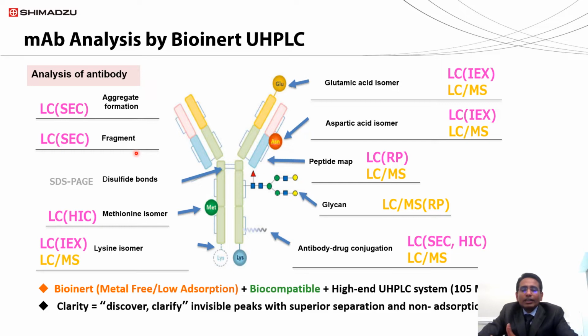We can also do antibody drug conjugate analysis. The reason we can do this variety of analysis without metal interactions is that it has a metal-free, low adsorption flow path. For the pressure, the outer surface is metal that can sustain pressure up to 100 megapascal, and inside is coated with PEEK, which creates the metal-free flow path from the needle to the detector.